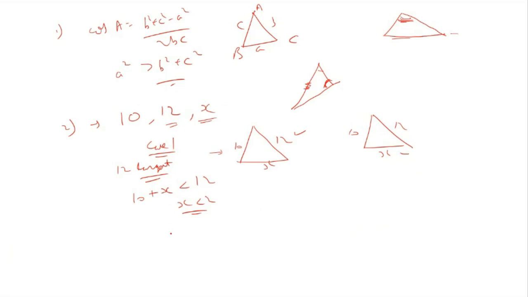And also the other relation that you can get is that this angle will be the largest here, so you need to apply the cosine law here. So cos theta would be equal to (x square plus 10 square, which is 100, minus 12 square, which is 144) upon 2 into 10 into x, which is 20x, less than 0. So basically this would have given x square less than 44.